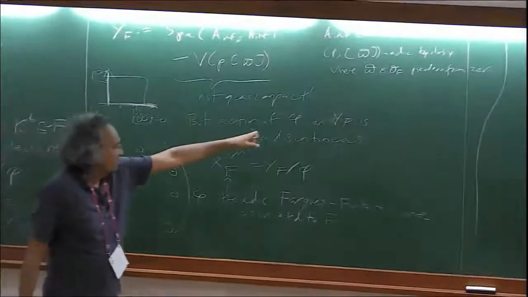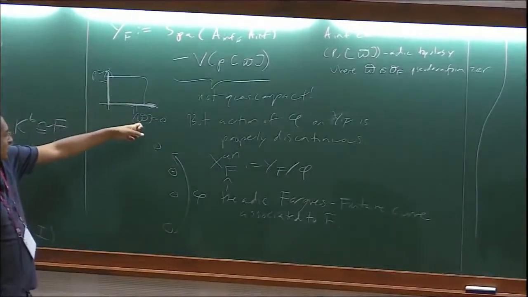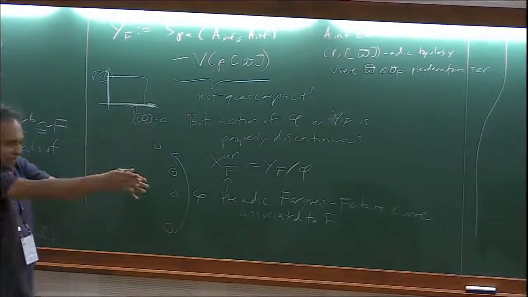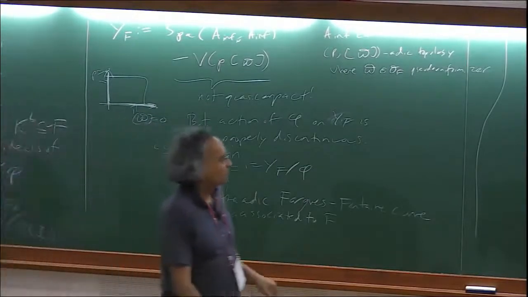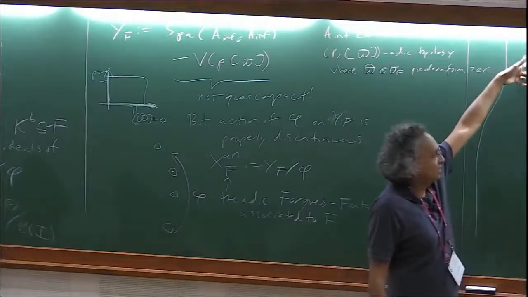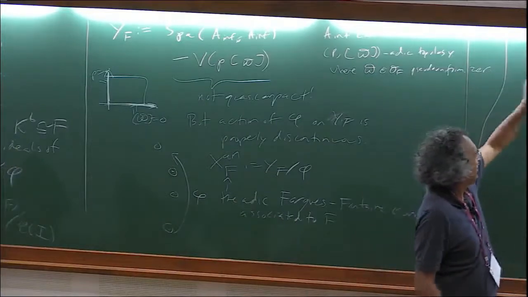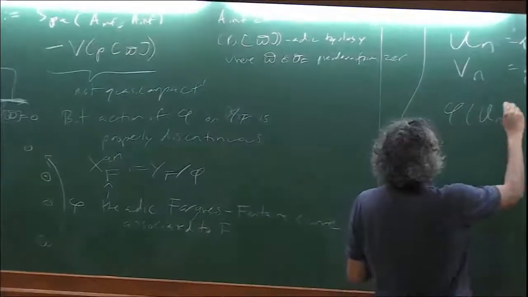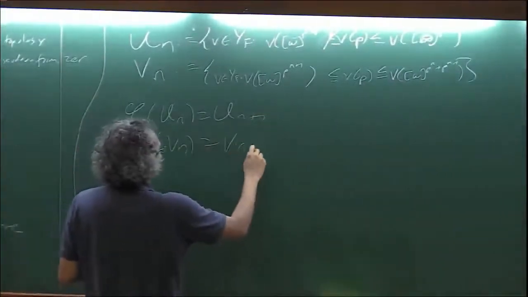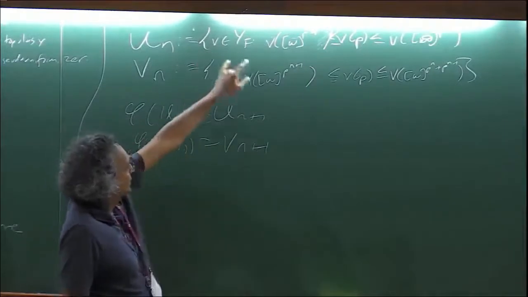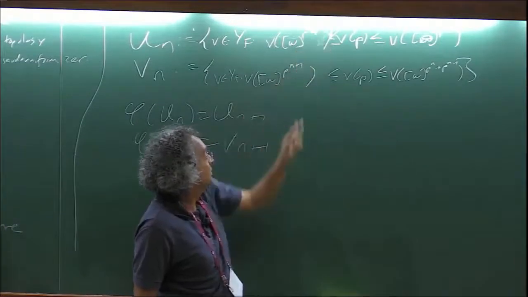Varpi has the effect of shifting that by multiplying by a factor of p. So I'm basically chopping the log space into sectors. These things certainly cover the entire log space, and they translate to each other. And I've made them disjoint, because this thing is less than p to the n plus 1.